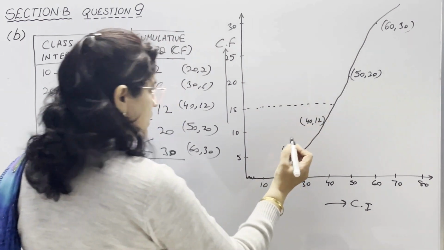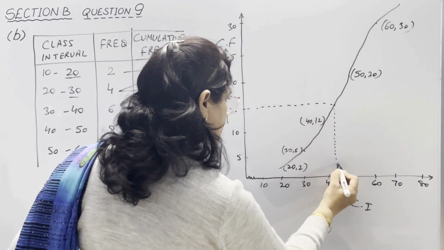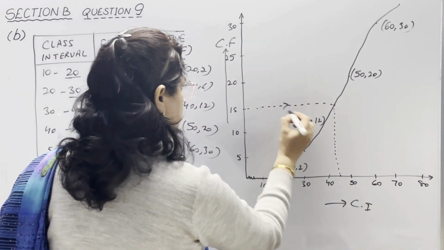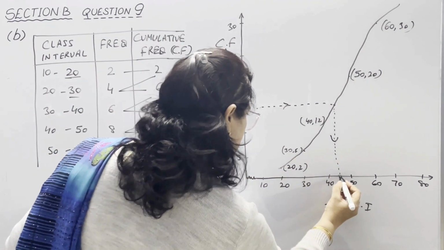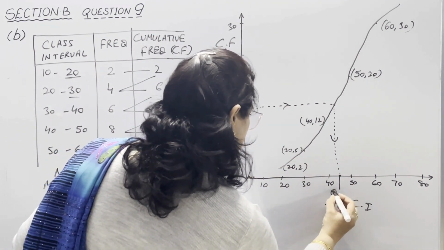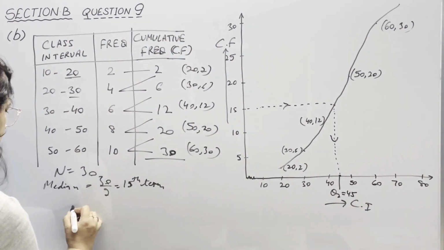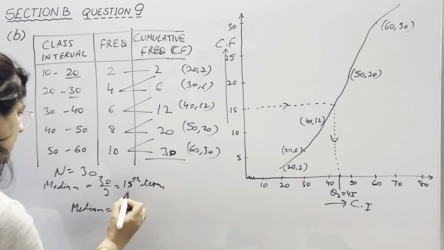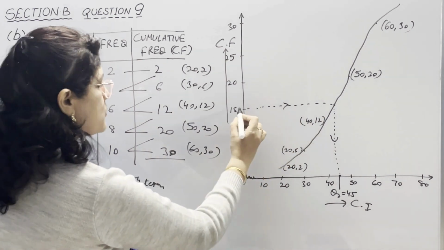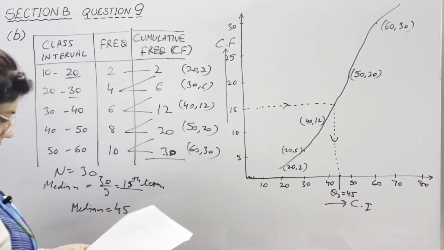We will take a line like this and put arrows like this, and we will get the value as 45. So our Q2 is equal to 45. It means our median is equal to 45, which is our 15th term. So from 15 we go like this, and then after touching the ogive we will come down like this.